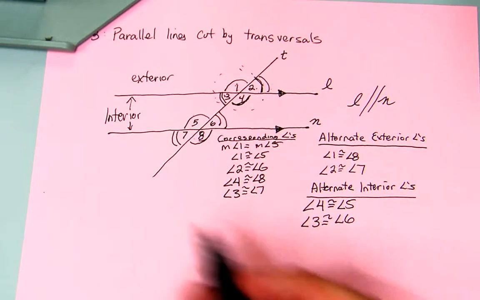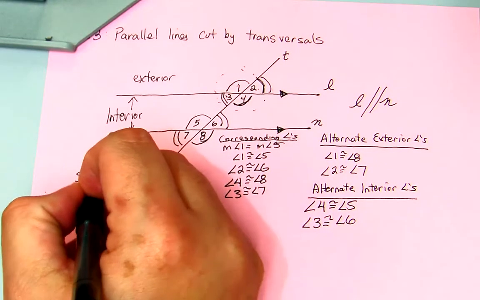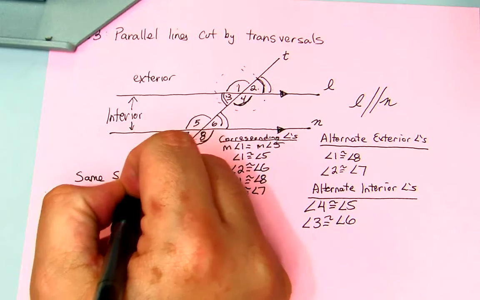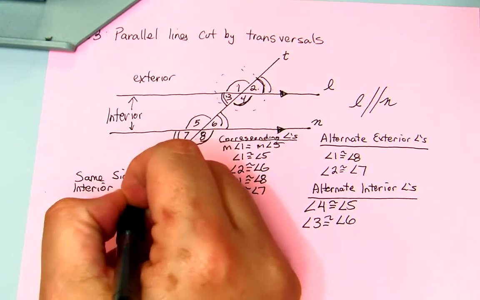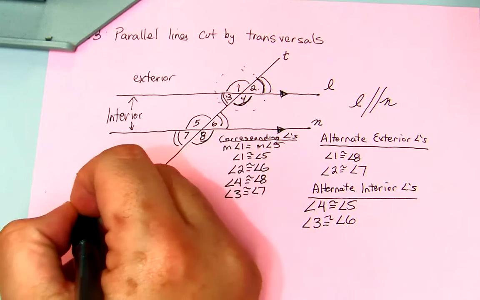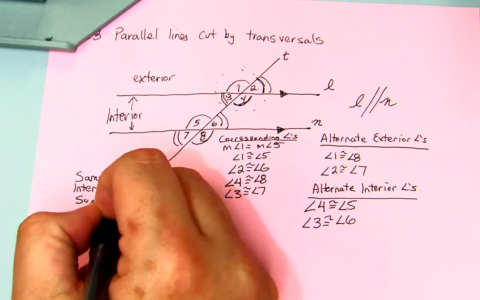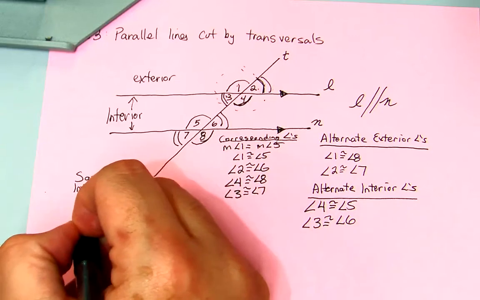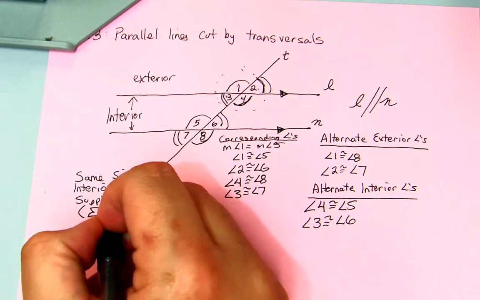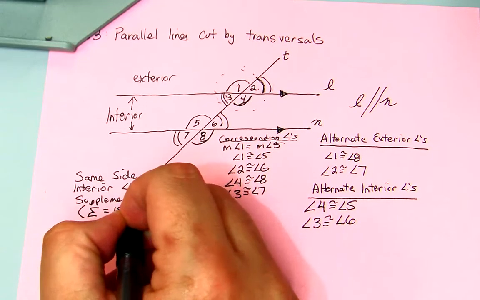And the last one: same side interior angles are supplementary, which means their sum is equal to 180 degrees.